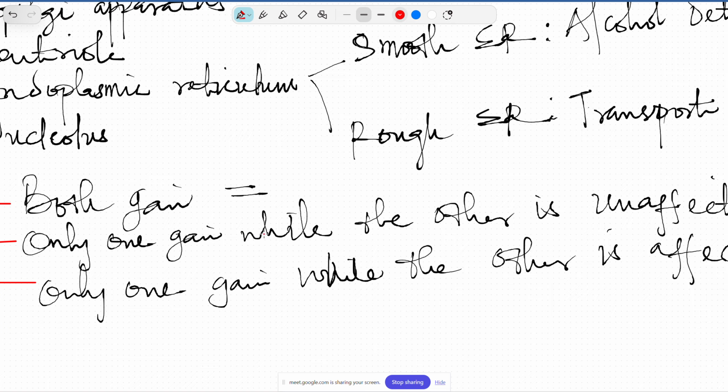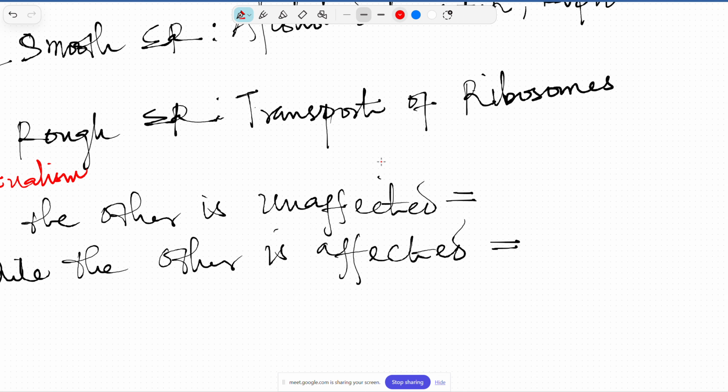Can you hear me? Yes, sir. Okay. So both gain, the association there, mutualism. One gain while the other is unaffected, that is commensalism.